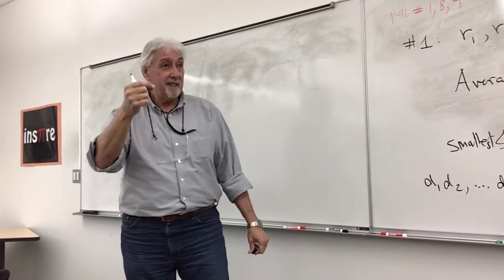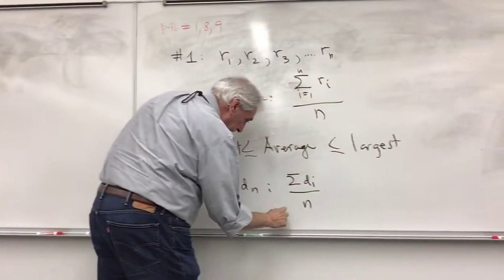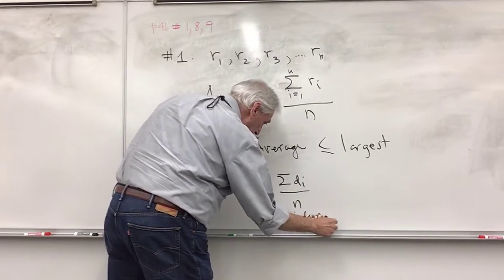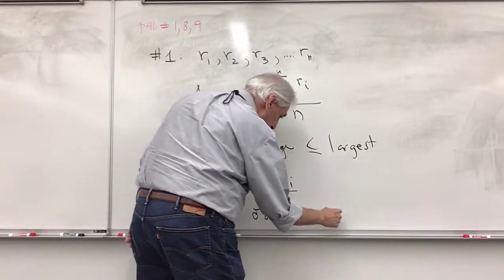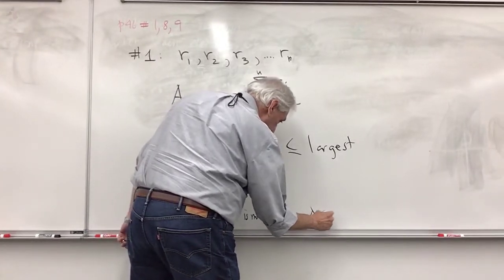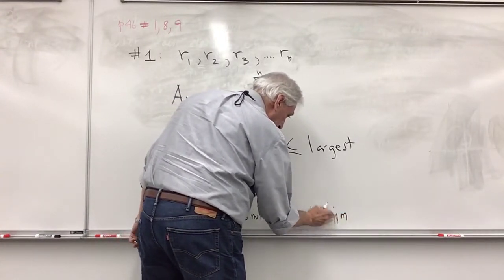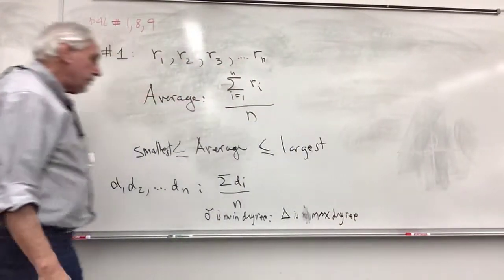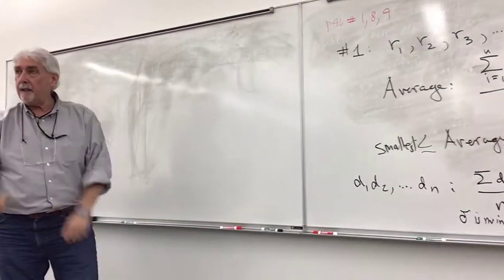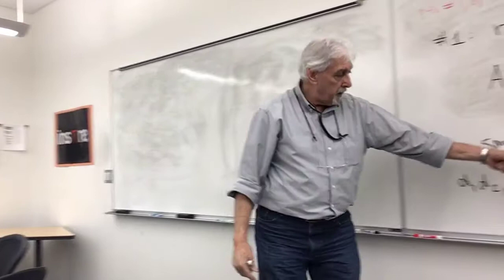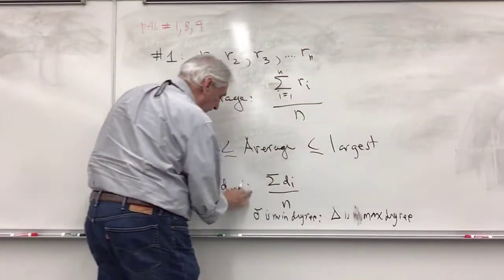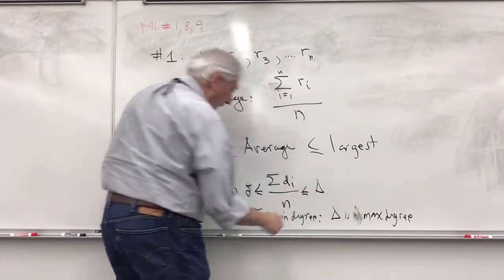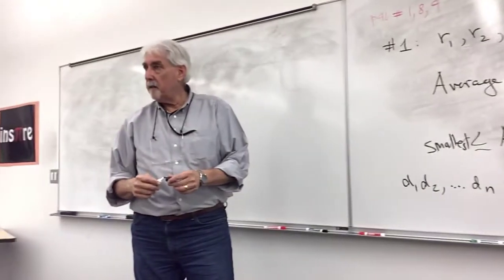Delta. Which delta? Yeah, delta is the minimum degree, and the largest degree, say Delta, is the max degree. So if I take any graph, the average of the degrees lies between delta and Delta. Okay, is that clear?